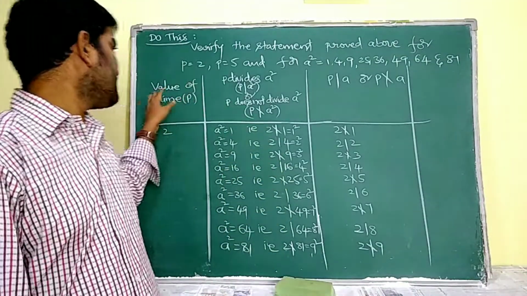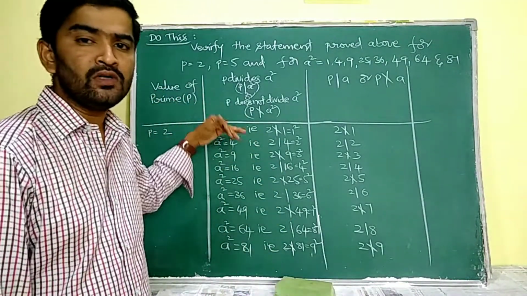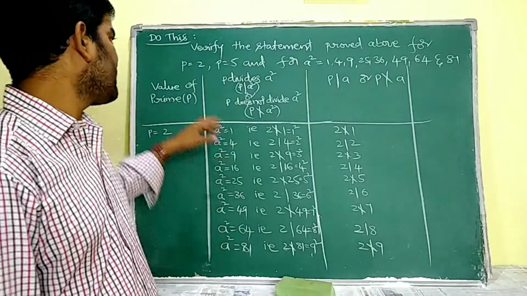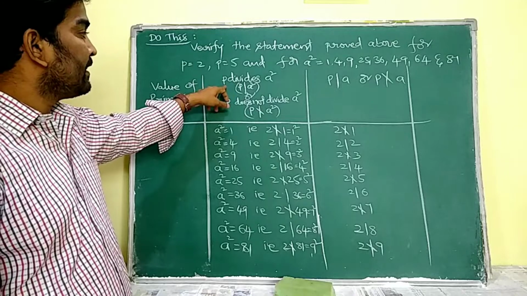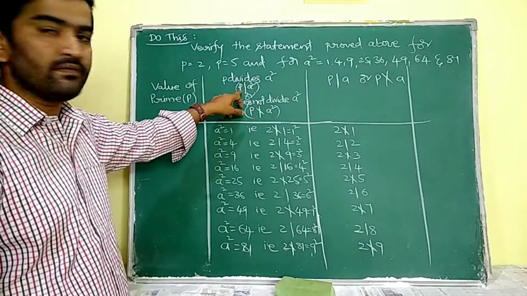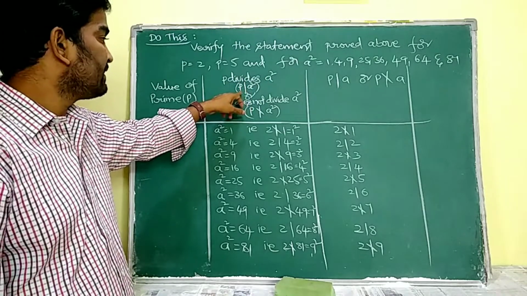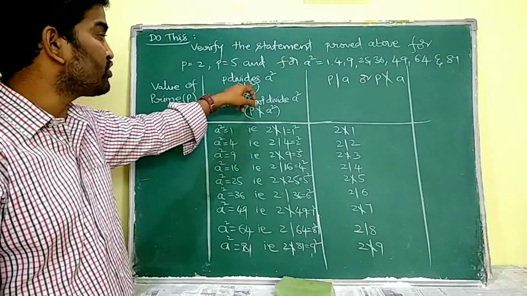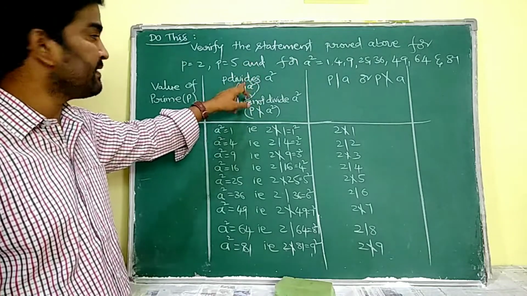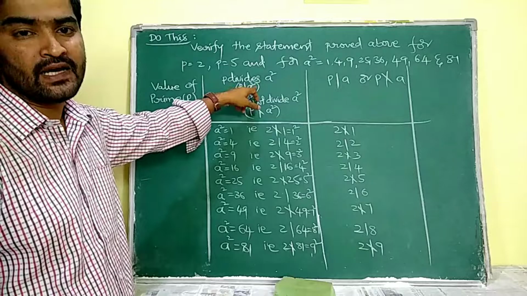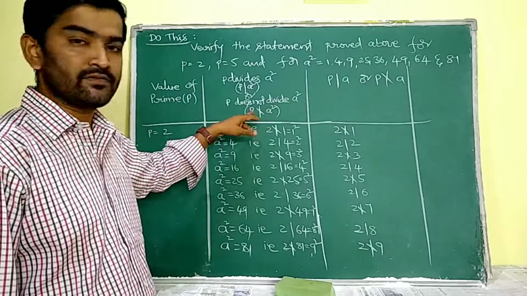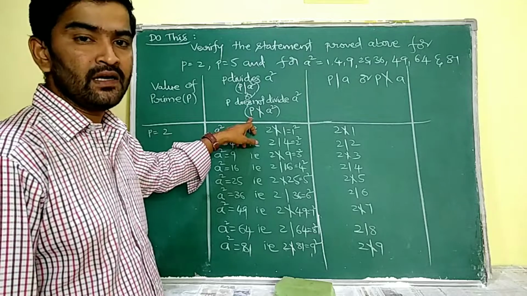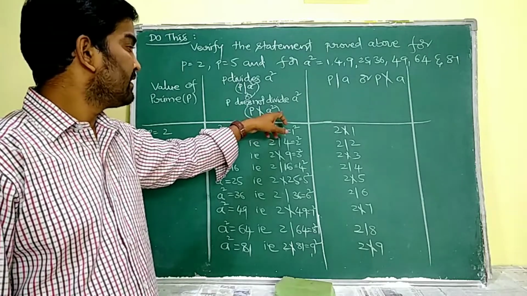First we have to prepare one table to solve the given question. The value of prime p, and p divides a square, which we already discussed is pronounced as p modulo division a square. That means p exactly divides a square, or p does not divide a square, which is represented as p not modulo divides a square.